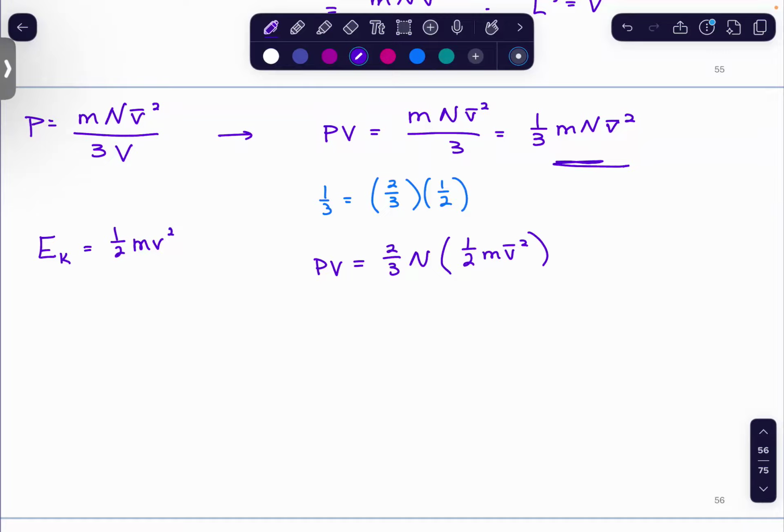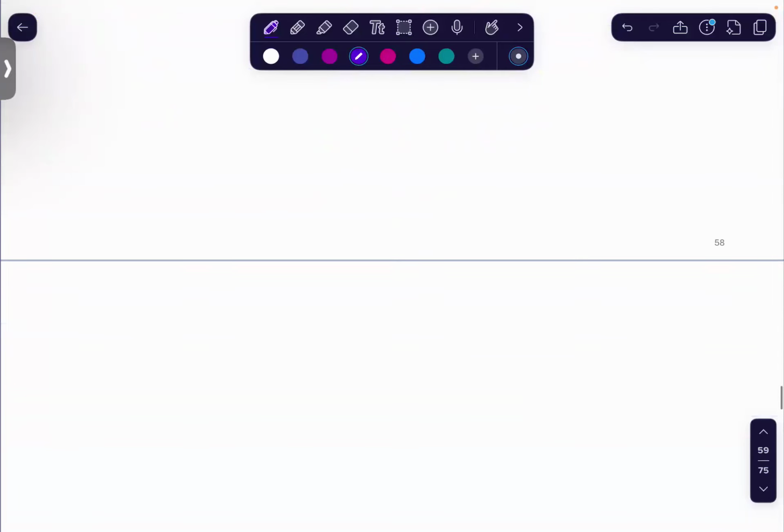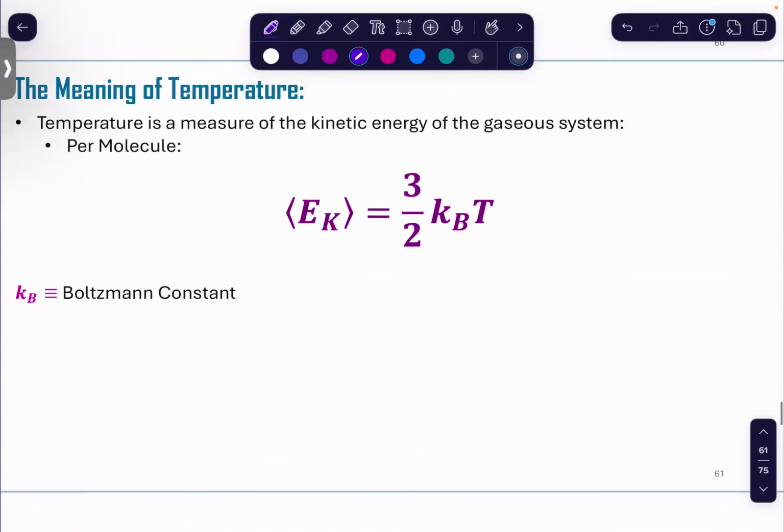Okay, so that's 2/3 N times the kinetic energy. Now, I think this is where I need to skip down a few slides. Wasn't quite sure how long it would take me to do that.